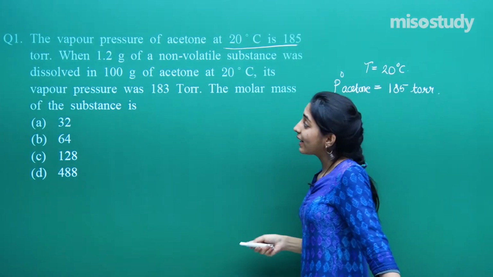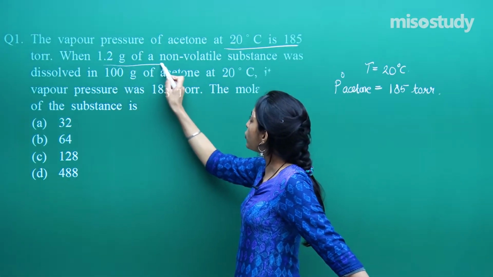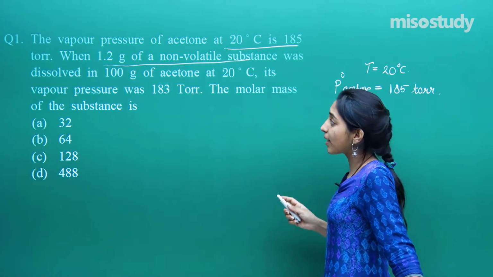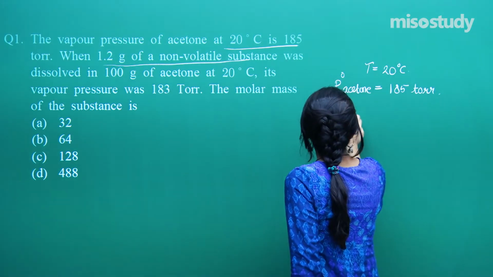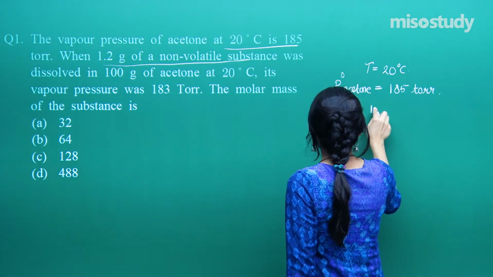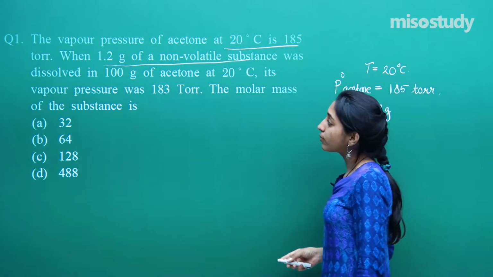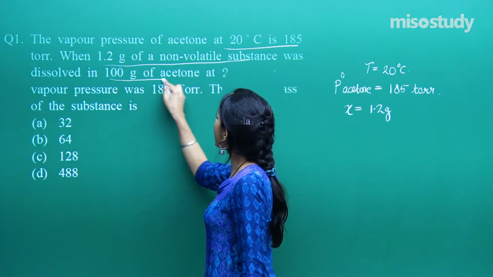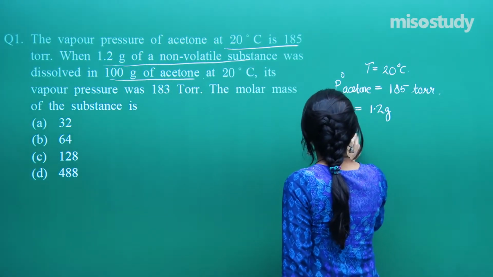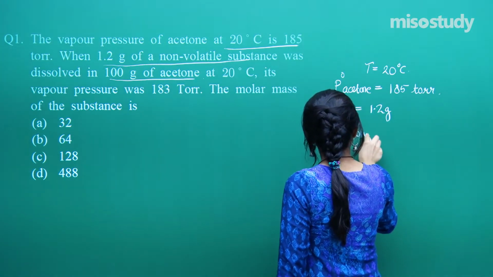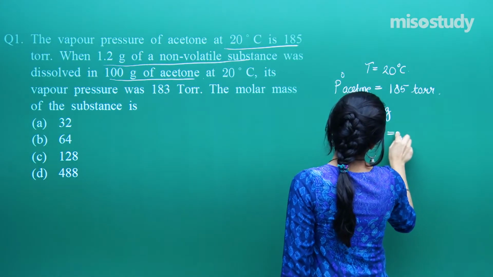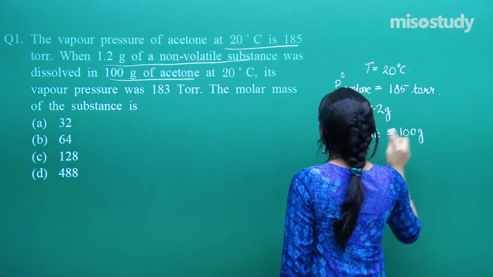Now he is saying that when 1.2 grams of a non-volatile substance, so let us say the mass of non-volatile substance is 1.2 grams, was dissolved in 100 grams of acetone. So the mass of solvent is 100 grams.